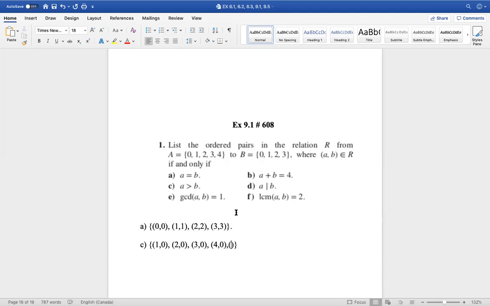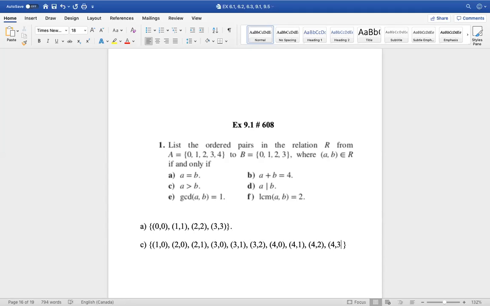Not this one, because a is greater than b is needed. Then we have (2, 1), and then (3, 0), and then (3, 1), and then (3, 2), and then (4, 0), and then (4, 1), and then (4, 2), then (4, 3).